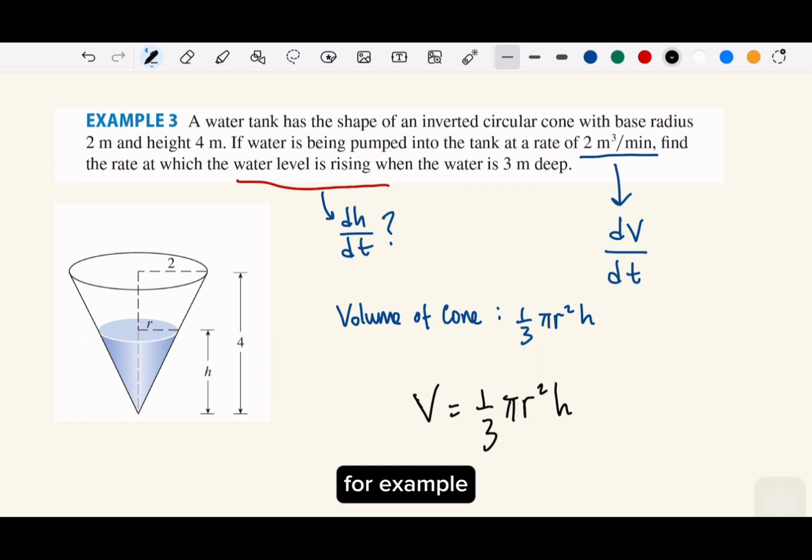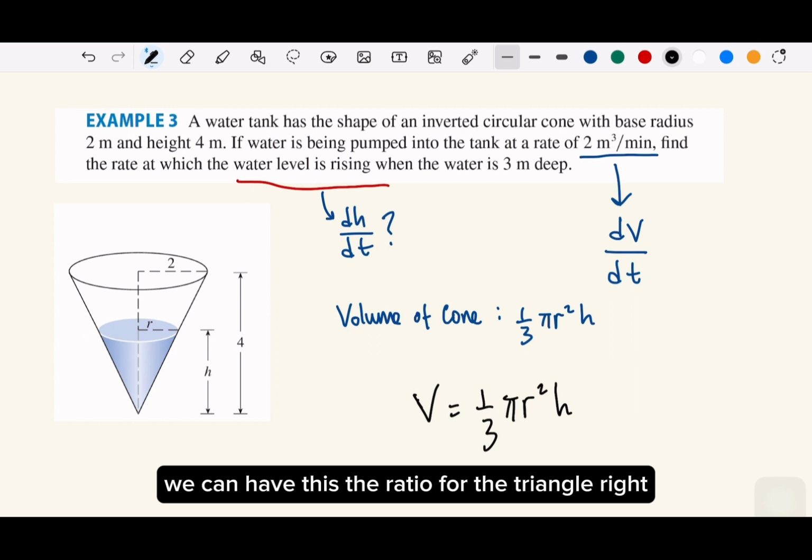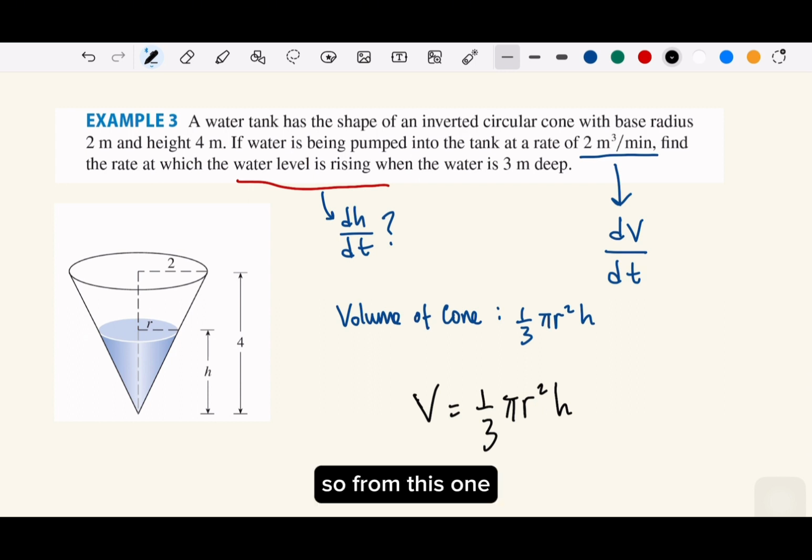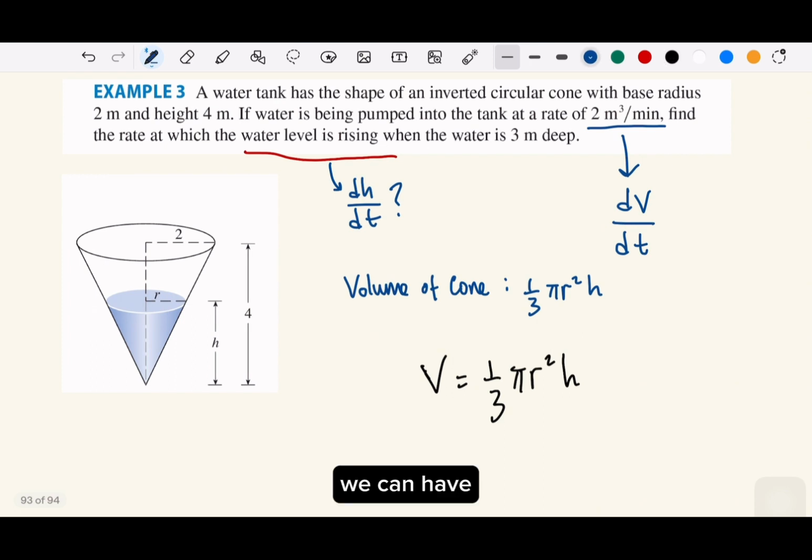For example, we have this triangle. We have these values 4, 2, H, R. We can have the ratio for the triangle, right? So from this one, we have the triangle.